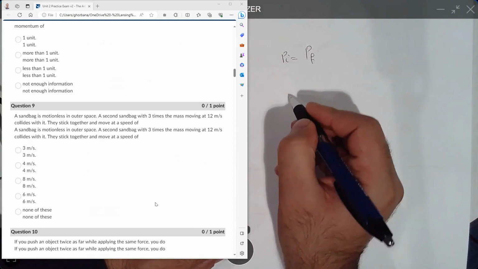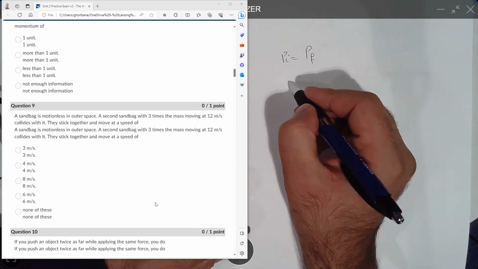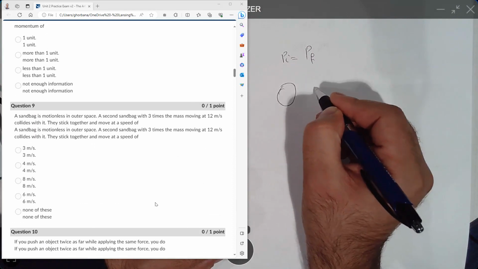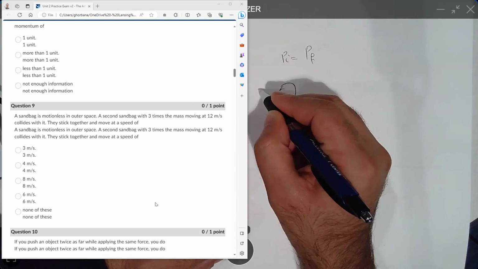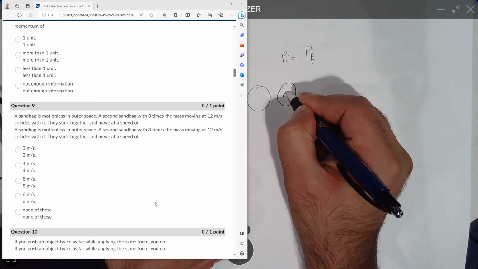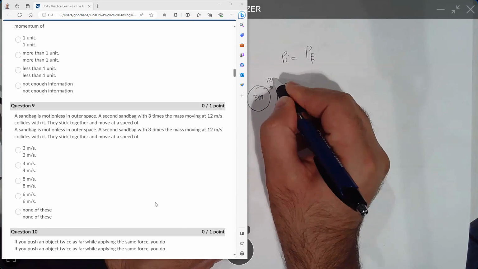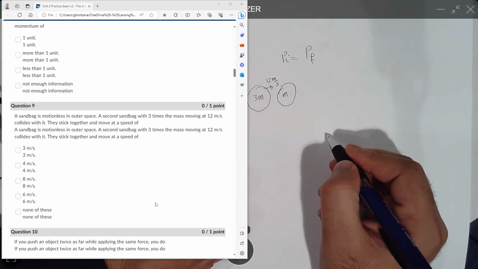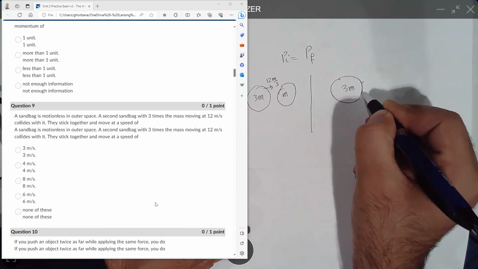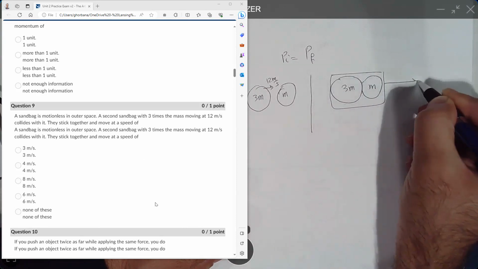Let's say this sandbag is motionless, and the second bag is 3 times bigger. If this is M, this is 3M, moving with 12 meters per second. After the collision, they stick together and move with the same velocity.